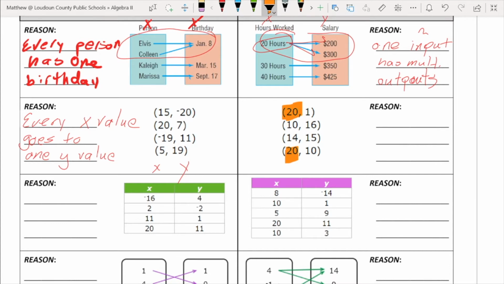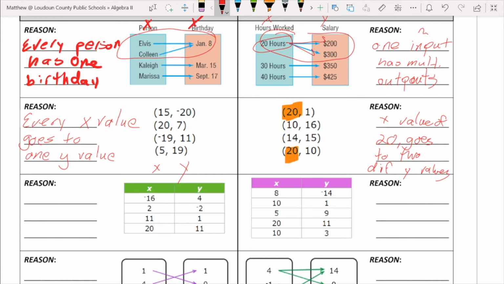That's why it's not a function. So we can say that the x value of 20 goes to two different y values.